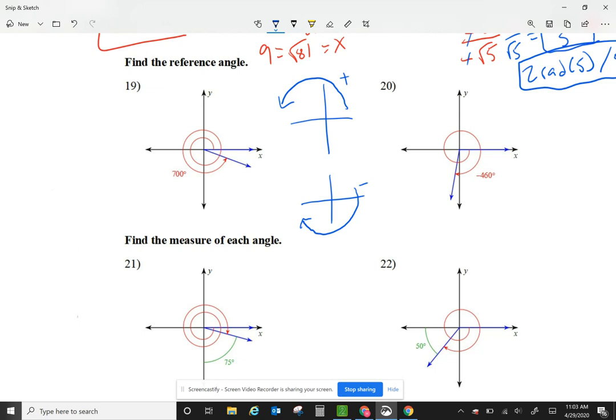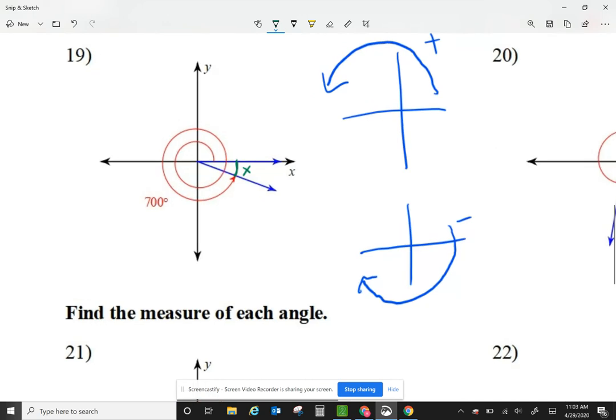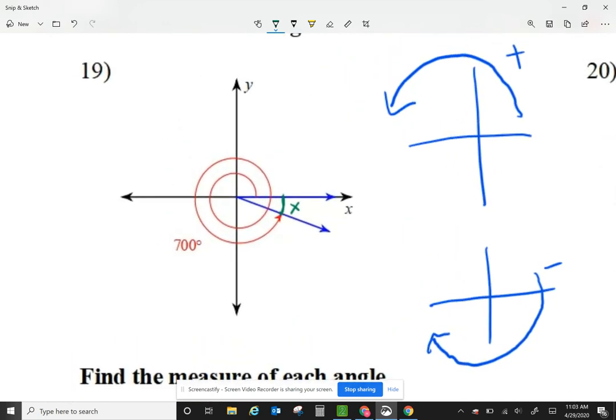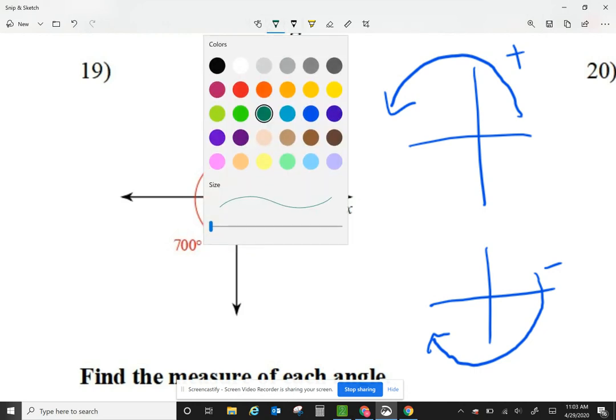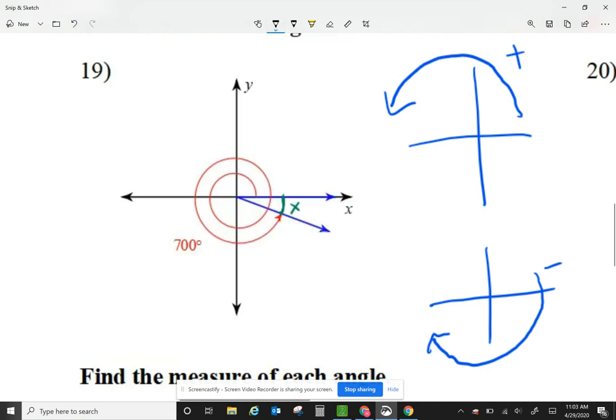Now for the reference angle, we just want to know what's the angle closest to the x-axis. So I'm looking at how big is this angle. Let me call it x for right now. Let me zoom into my picture. Now let's take a look at this in black.